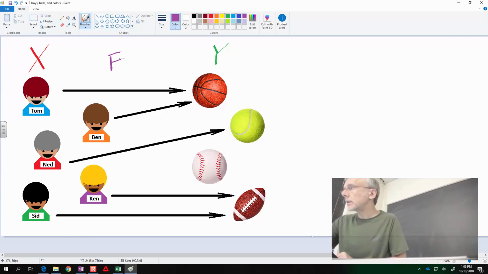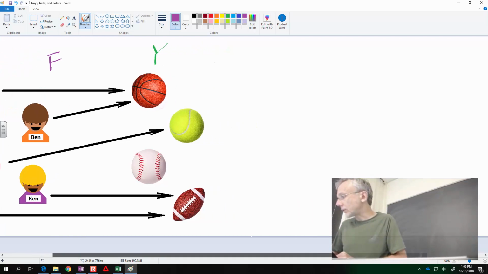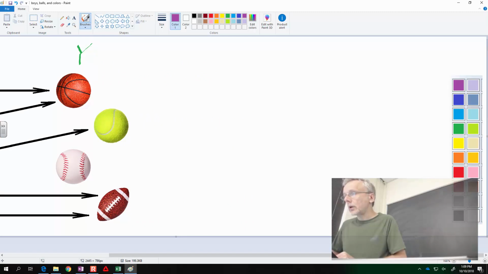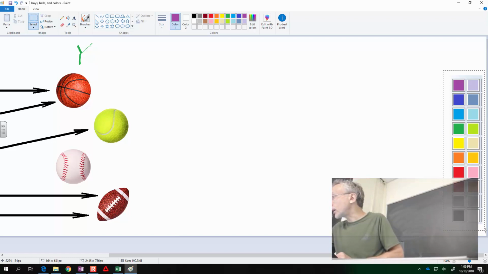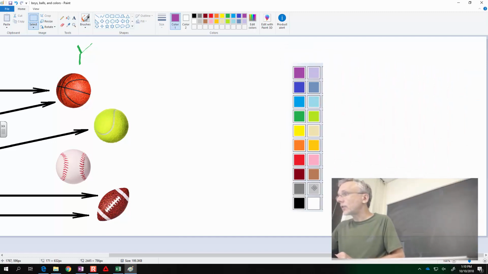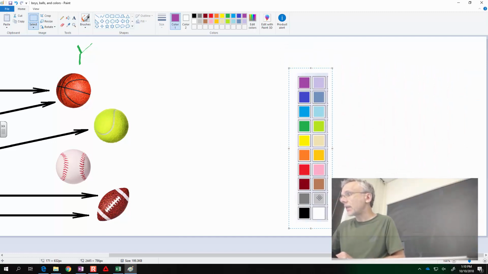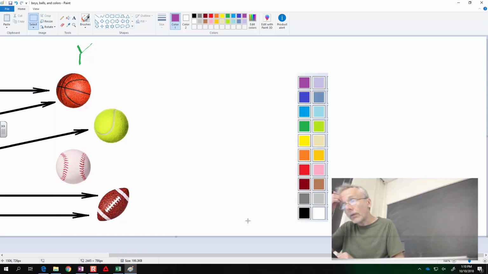Let me move away from the boys there and concentrate on the balls separately. And I want to just examine the colors of the balls. Okay, so in other words, I'm building a new function.